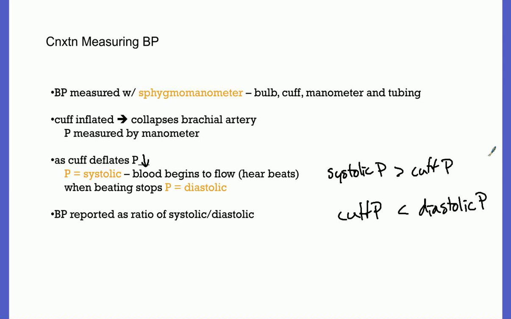The high end is when you start hearing the heartbeat because the systolic pressure is just big enough to overpower the cuff pressure. And then the low end is when the blood doesn't really have to work to get through the cuff. You stop hearing the heartbeat once the cuff pressure is below the diastolic pressure. So you have two different pressures, one higher, one lower.